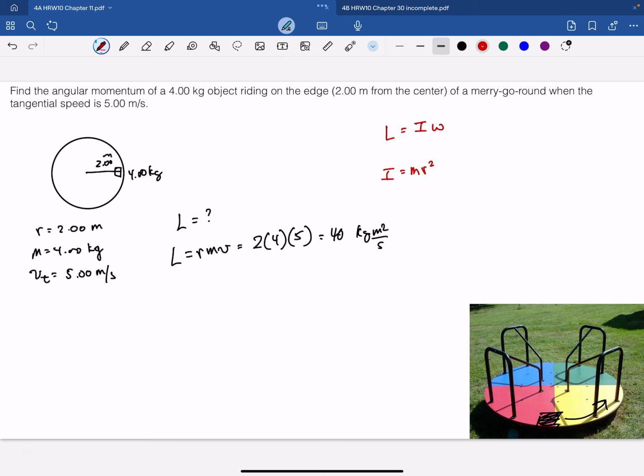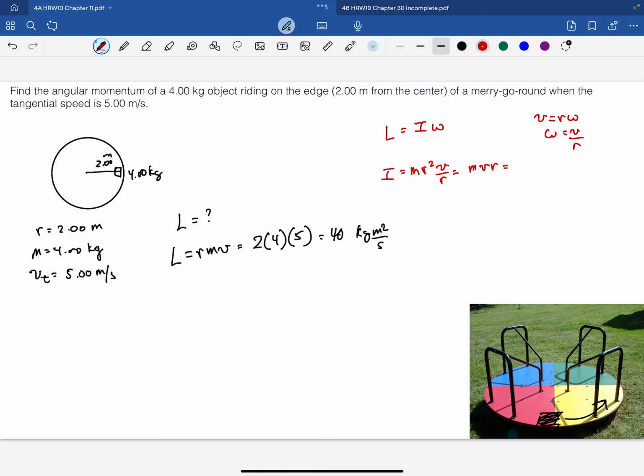And then now we got to tackle omega. How do we tackle omega? And so that's going to be V over R. Oh, and oh, look. MVR, RMV, whatever order you want to put those in.